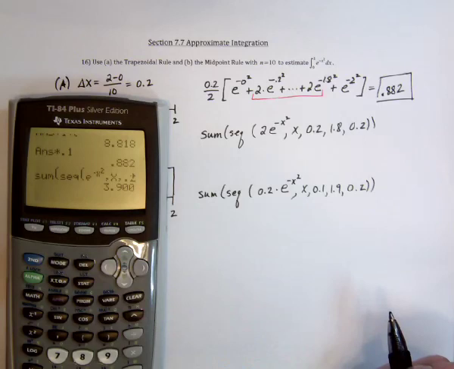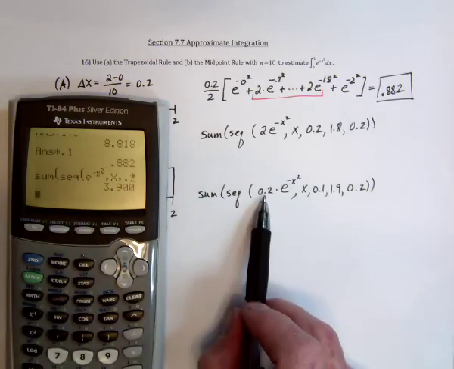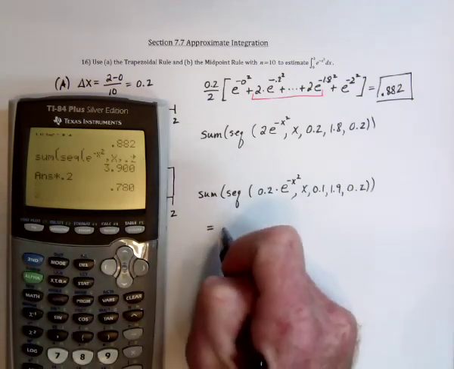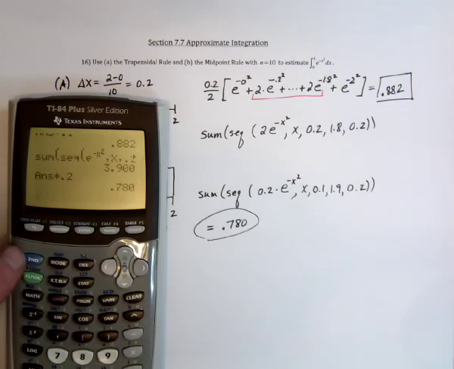Oh, there's a problem. As you can see right here, I forgot to type in the 0.2. That means everything is supposed to be multiplied by 0.2. Multiplied by 0.2, 0.78. Let me just double check that.